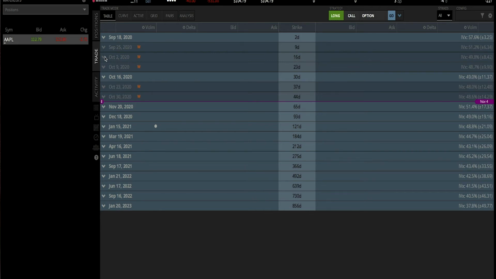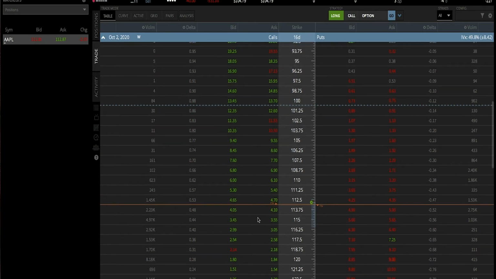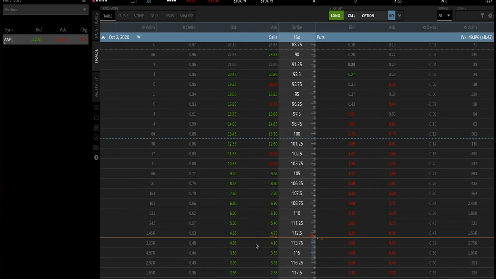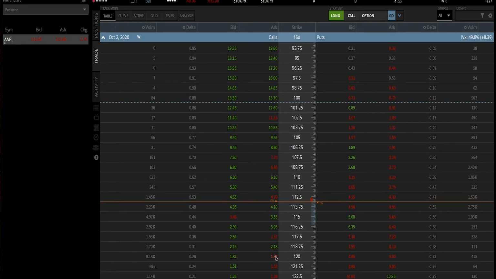If you're expecting the stock by the 1st of October or the 2nd of October to reach say $120, you would buy a contract hopefully expiring on the 2nd of October, which will allow you enough time to reach that price target of the underlying stock. And you would generally pick an expiration date for that day, and you would obviously select the corresponding strike price.